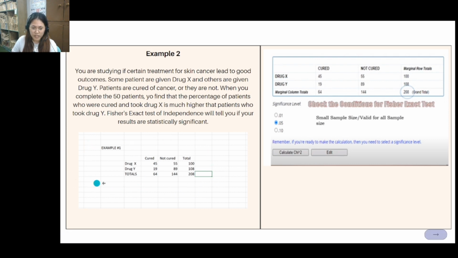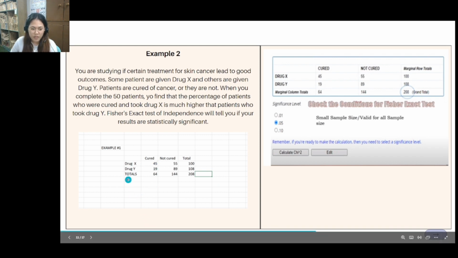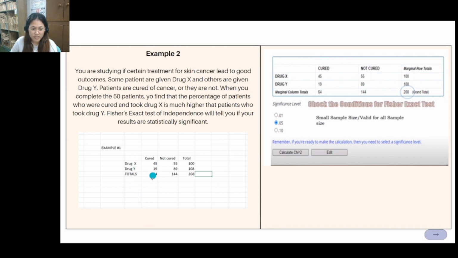This is a 2 by 2 contingency table. The drug X cured is 45, while the drug Y cured 19 patients, not cured 55, drug Y 89.